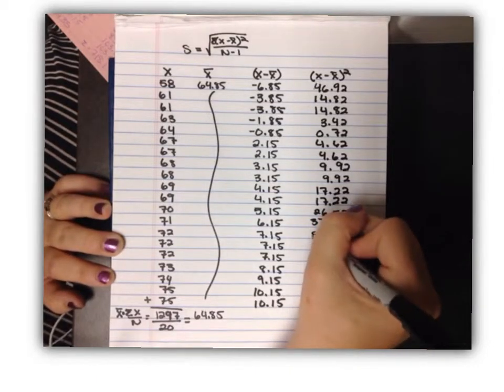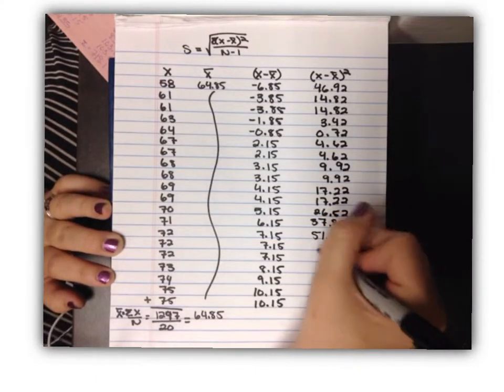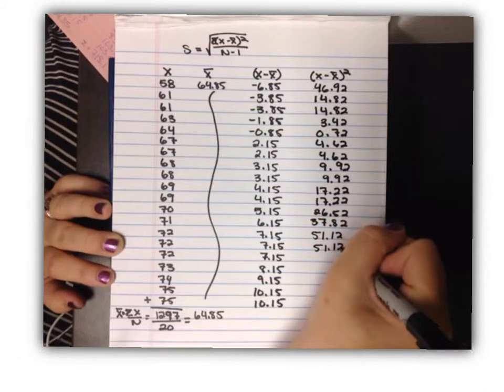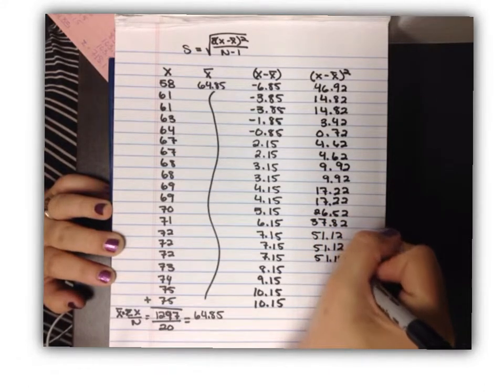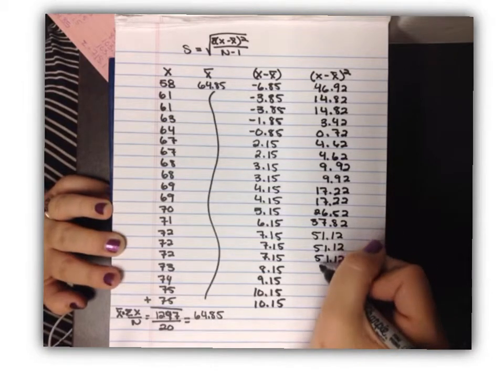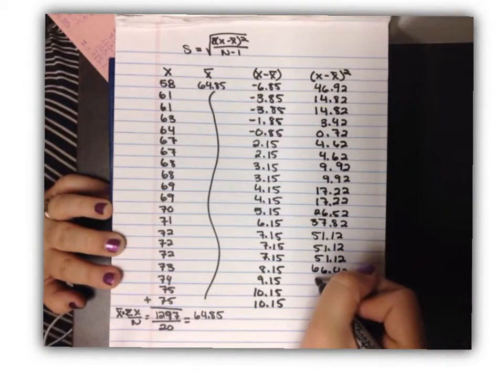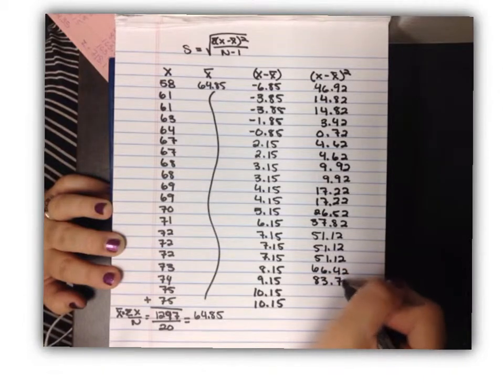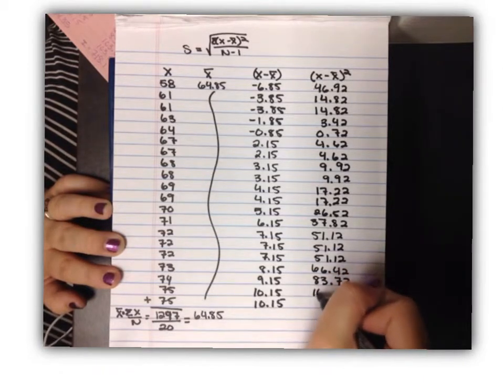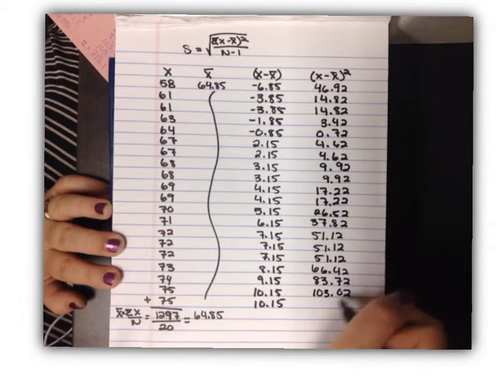We skip up to 51.12, and we've got 3 of those. And then we have 66.42, 83.72, and 103.02 twice.